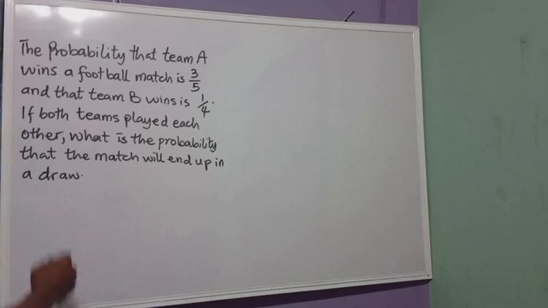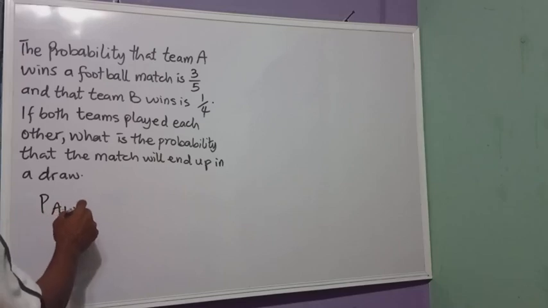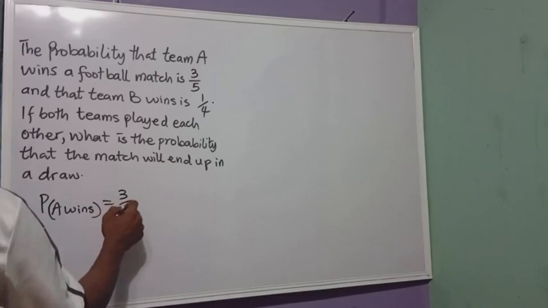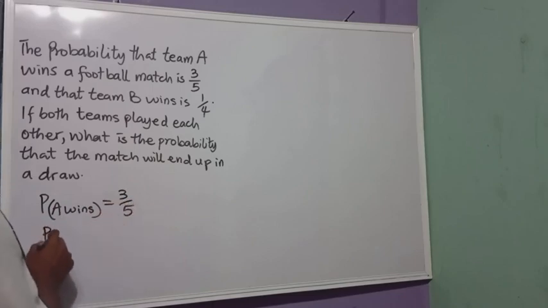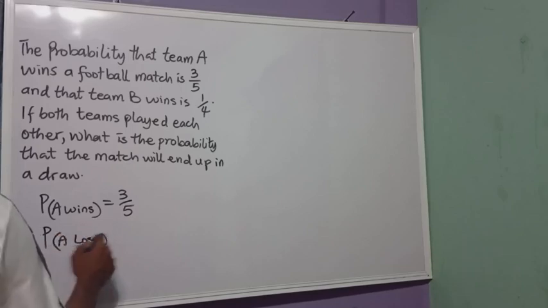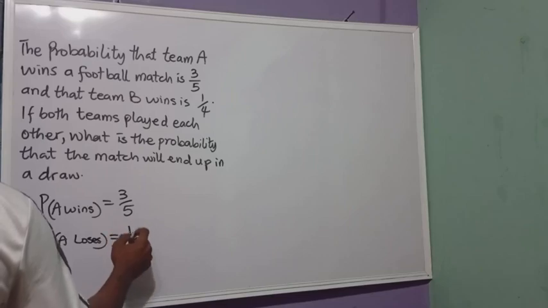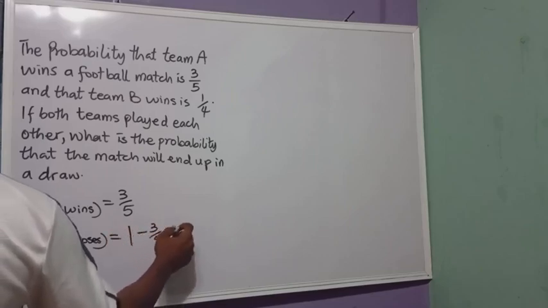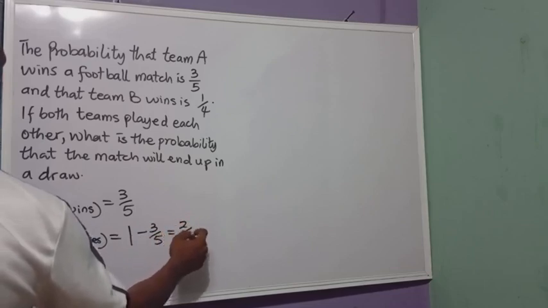The probability that A wins is 3/5. So the probability that A loses will become 1 minus 3/5, which will give us 2/5.